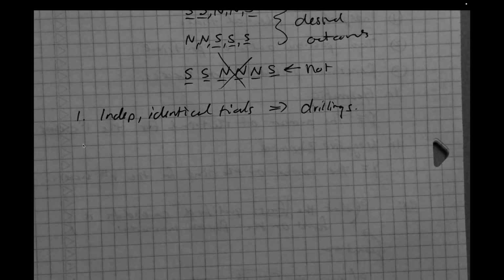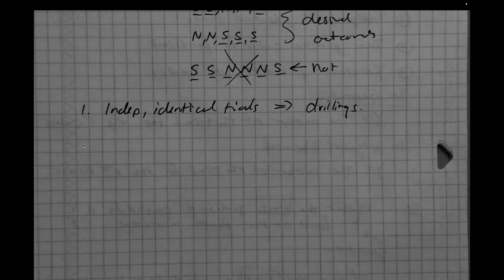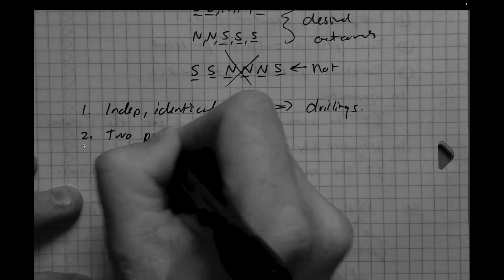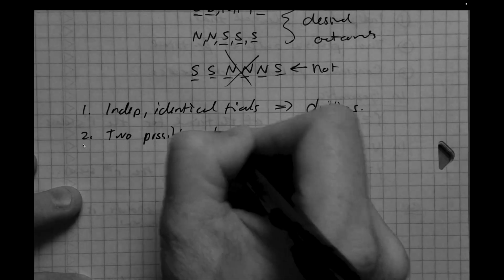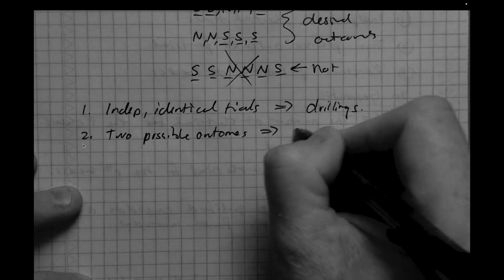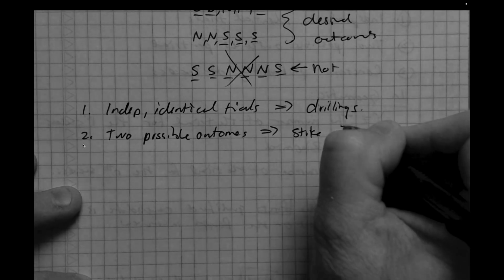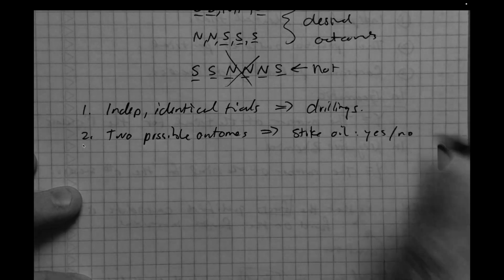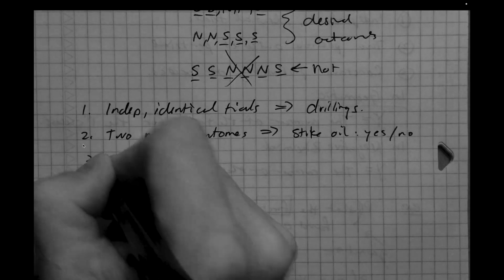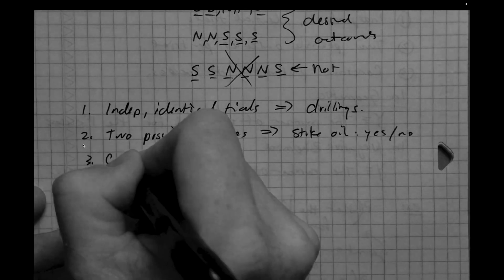There's a never-ending series, at least theoretically, but we're interested in the ones that terminate with the third success upon the 5th drilling. For each drilling, there are 2 possible outcomes: either strike oil, yes or no. Very good. And then we're assuming a constant probability of success here.